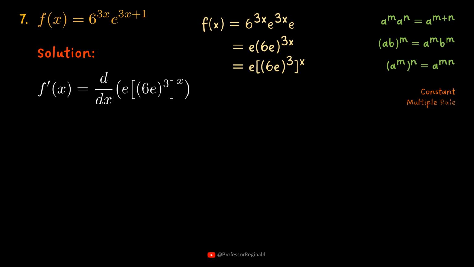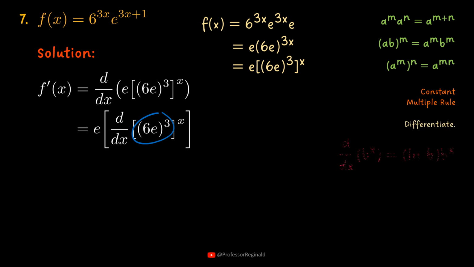Apply the constant multiple rule, because e is just a constant with no variable exponent. However, the constant 6e raised to 3 has a variable exponent. Then differentiate using the general exponential function rule.